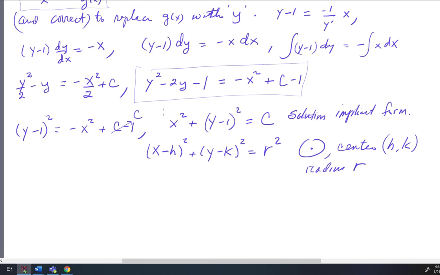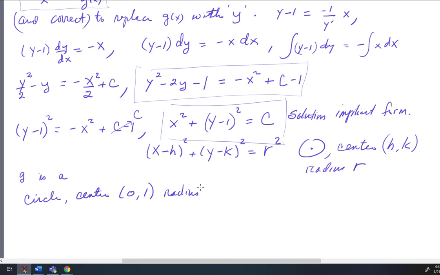So what we have found here is that the graph of G is a circle, center 0, 1, radius square root of c.